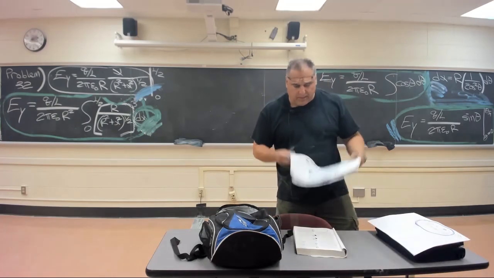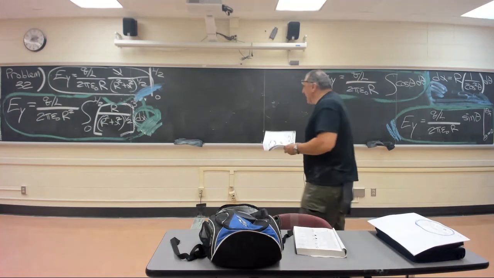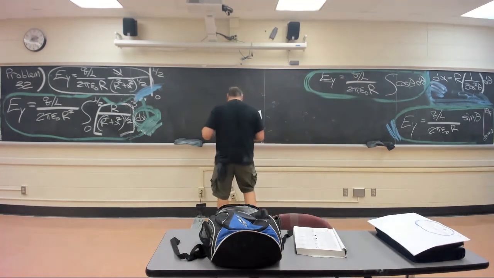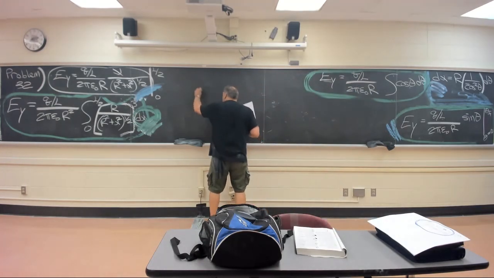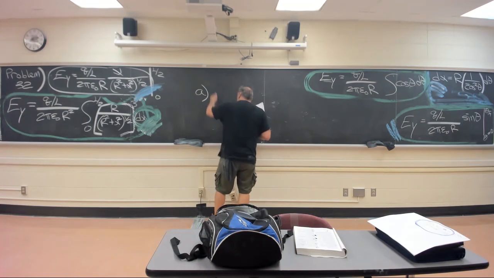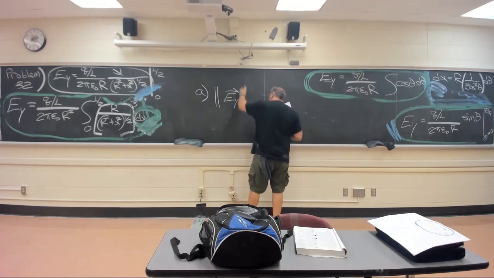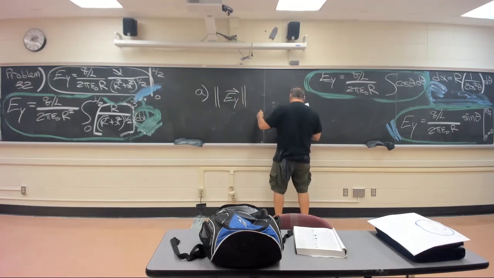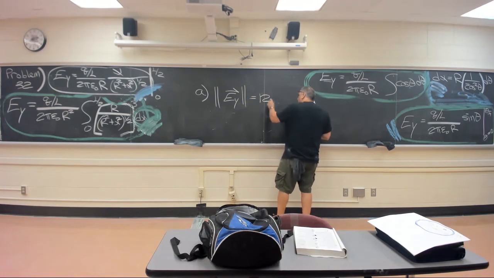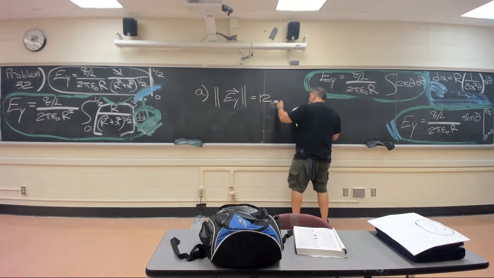I wrote it slightly differently in my notes, but again, I'm going with what the instructor solution manual said on this, guys. Instructor solution manual, the magnitude of this is, and again, the main process here, guys, is the process.